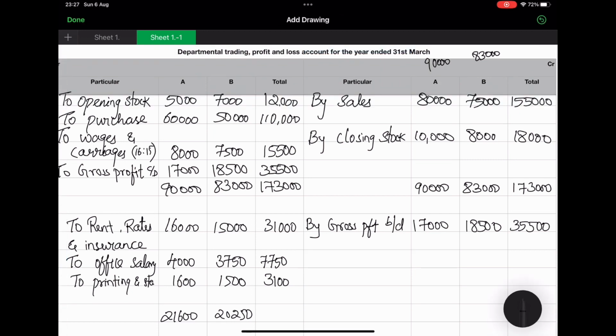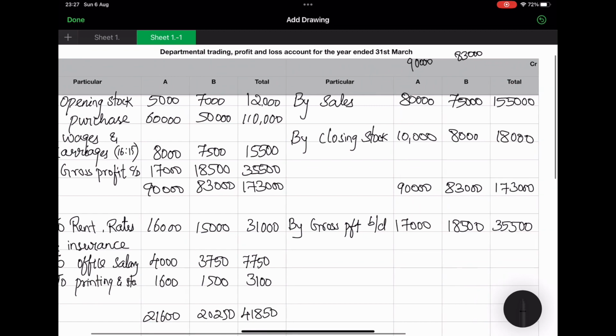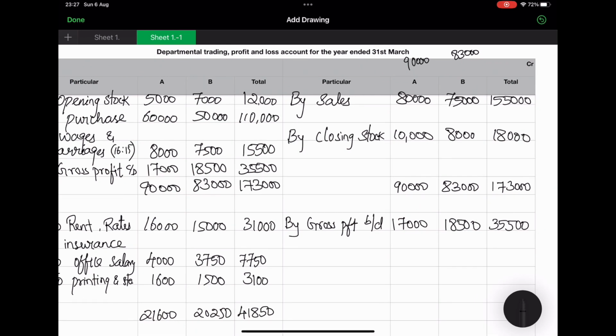Yes, if I add, 41,850, so which side value is higher? That side where the same value will be written in the other side. Okay, so 21,600 and 20,250. Total will be 41,850.